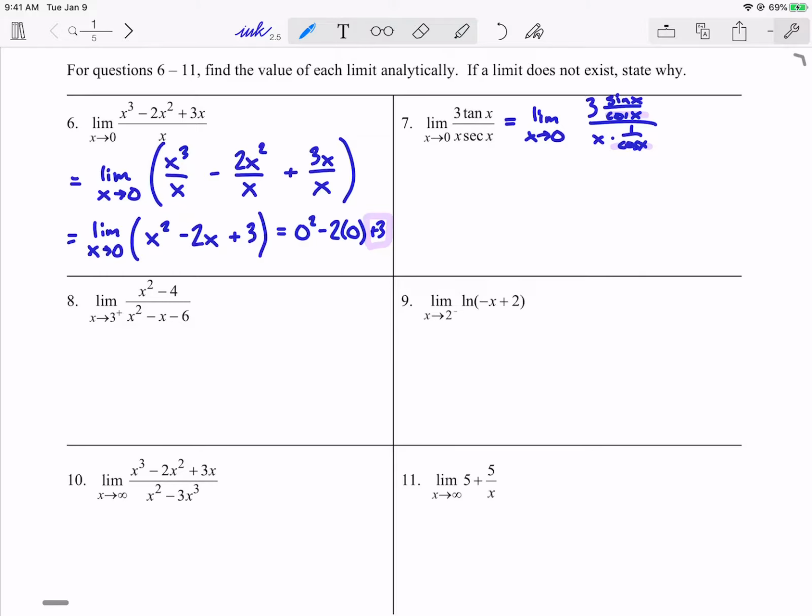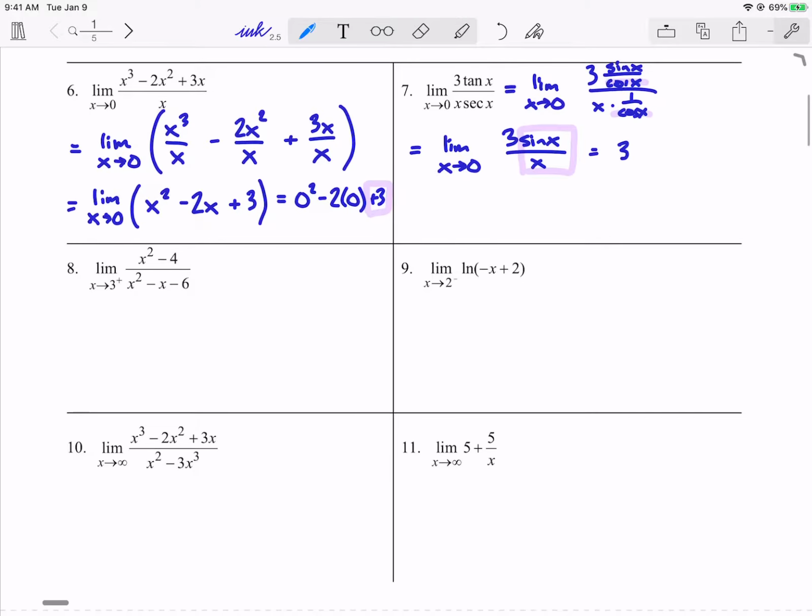They're both in the denominator of the respective numerator and denominator. So then I get the limit as x goes to 0 of 3 sine of x over x. This portion of the limit goes to 1 as x goes to 0, so I just get 3 times 1, which is 3.